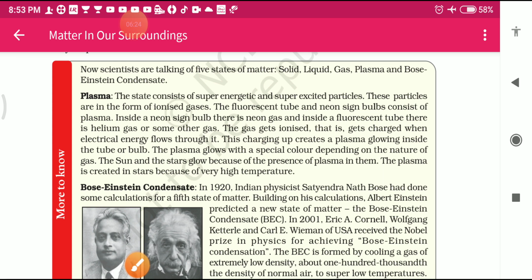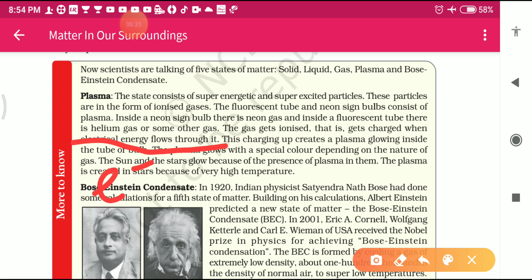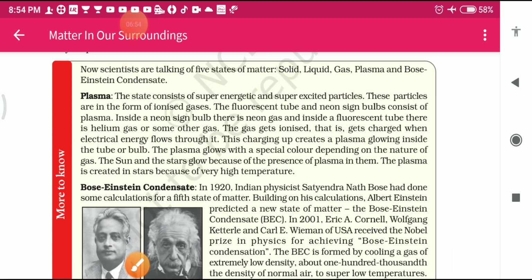When electricity is passed through it, the electrons flow, and the helium gas or neon gas present has a positive charge. In this way the gas gets ionized. This charging creates a plasma glowing inside the tube or bulb.